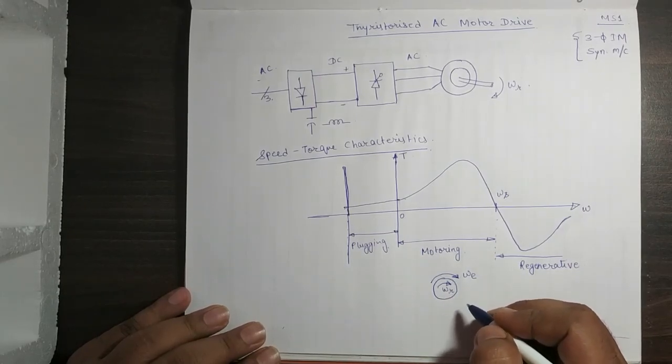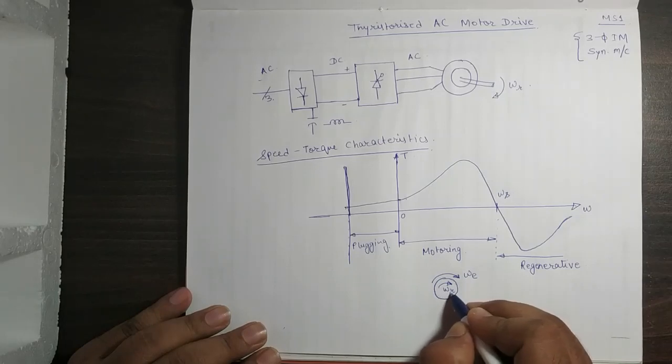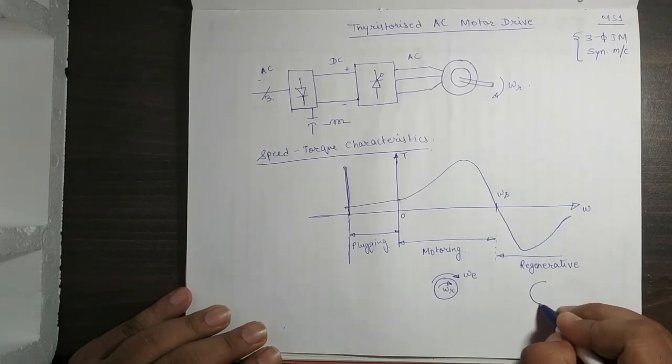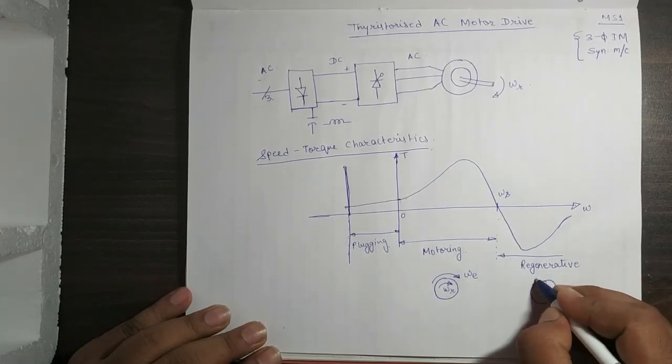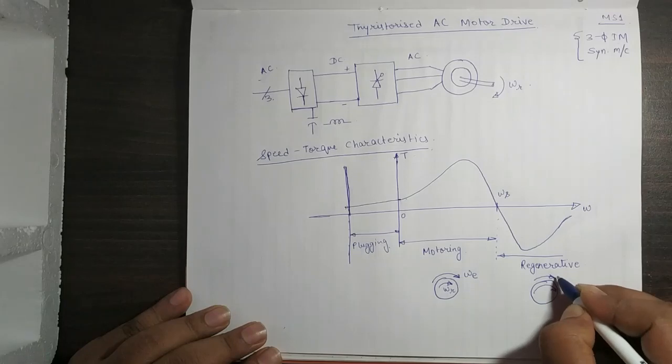This is the speed and direction of the magnetic field, and this is the speed and direction of the rotor. In regenerative mode also, the magnetic field direction and the speed are both the same.